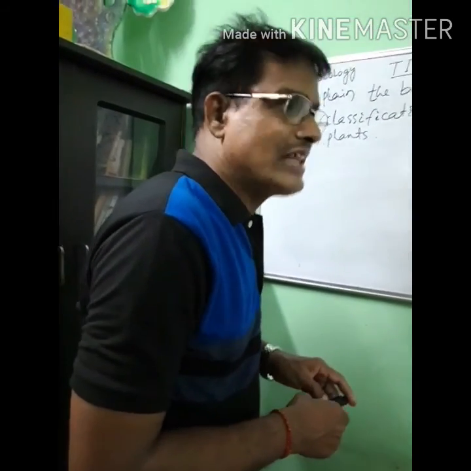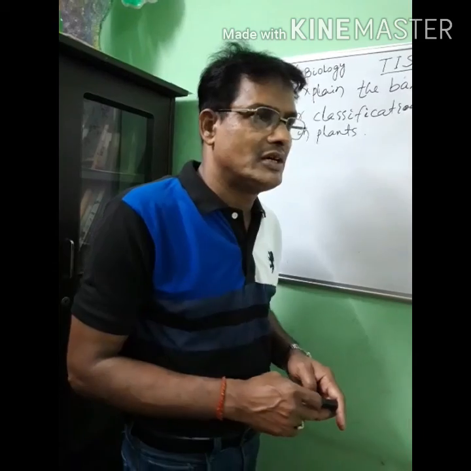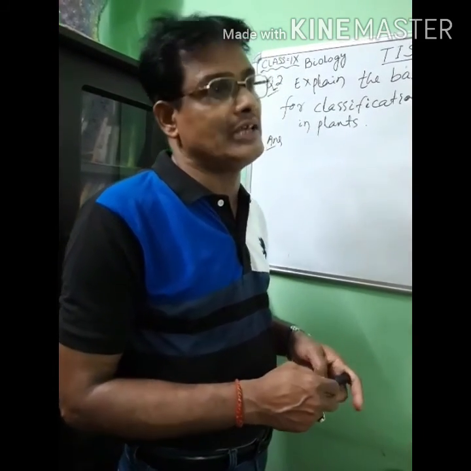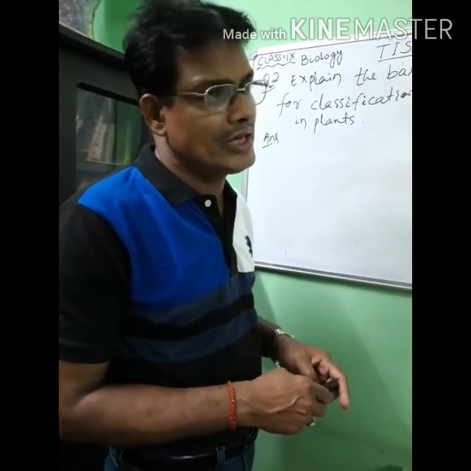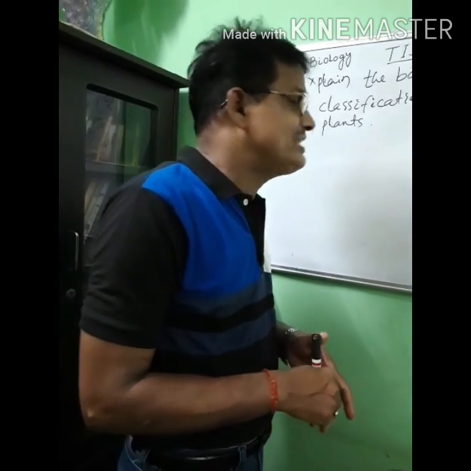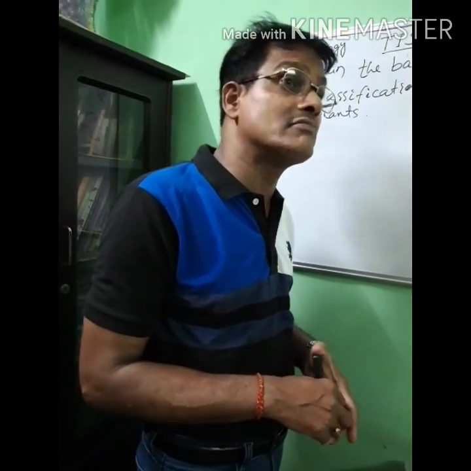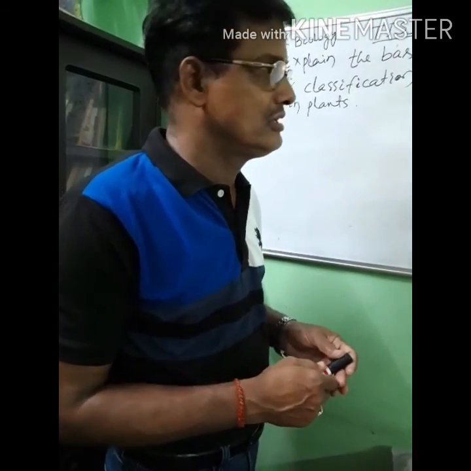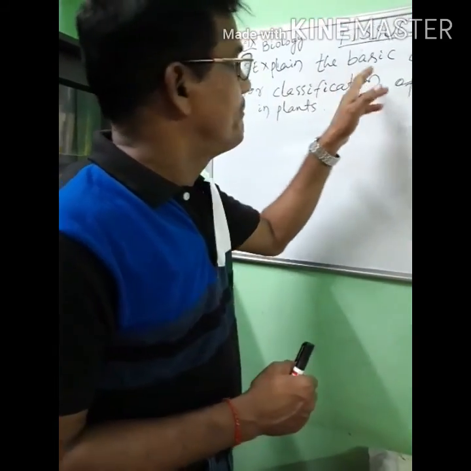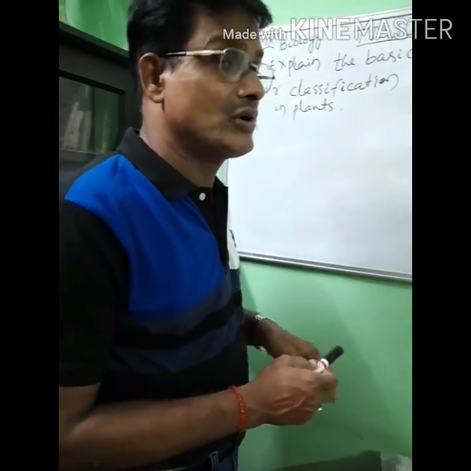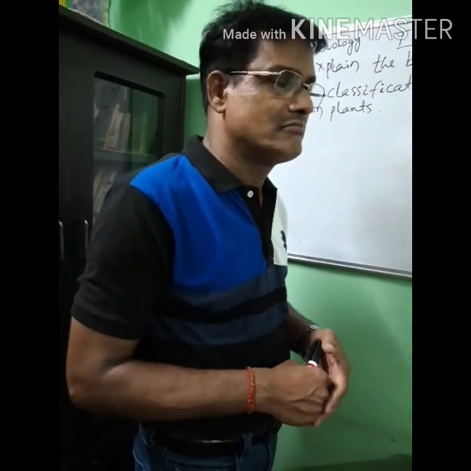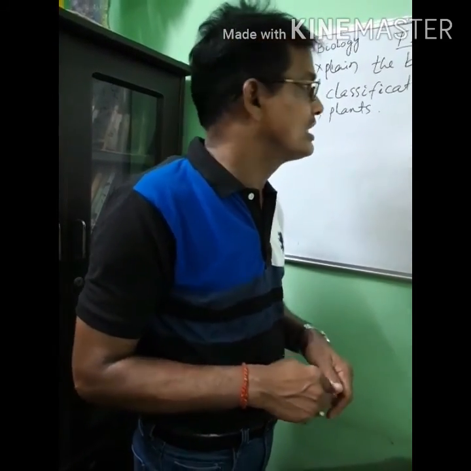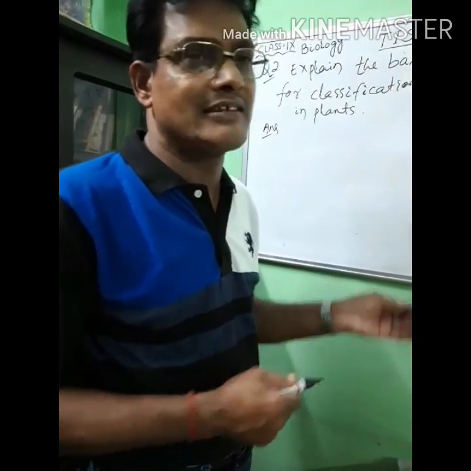Third, whether the cell wall is thin or thick. Fourth, whether the cells are dead or living. So these are the basic characteristics for the classification of permanent tissues in plants. Okay, let us write the answer.